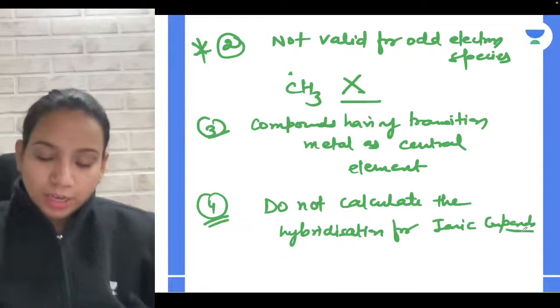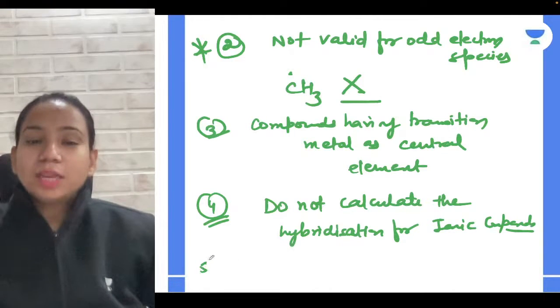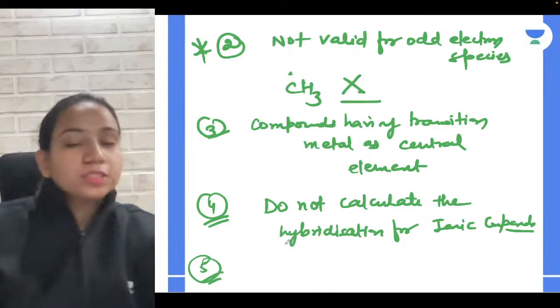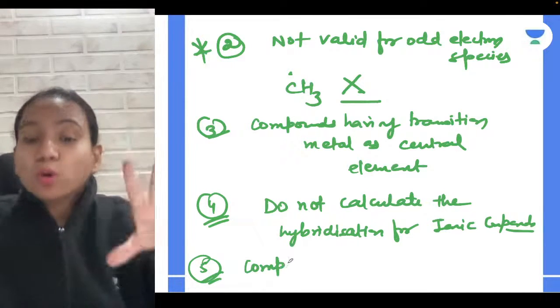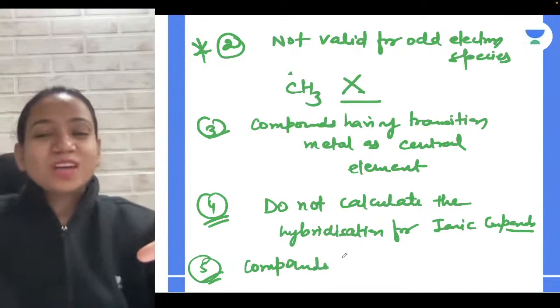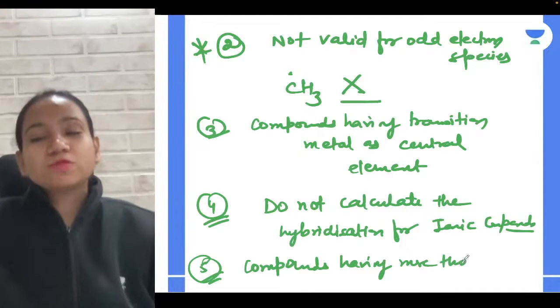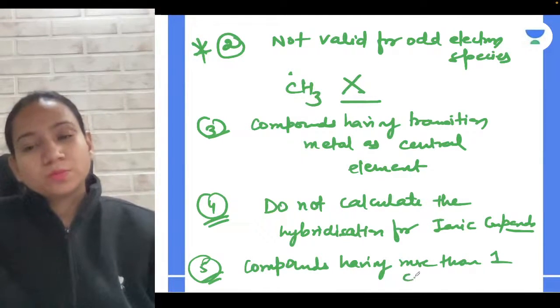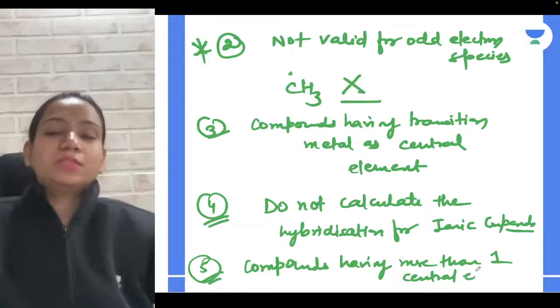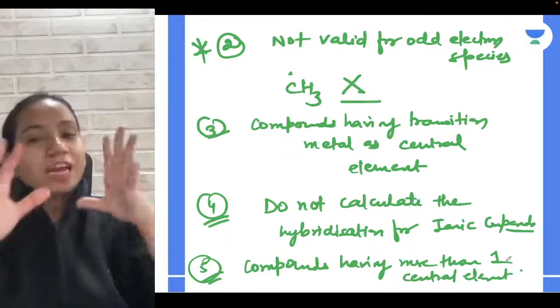And the last one: compounds having more than one central element, for them also it is not valid. Okay, so these are the 5 limitations.